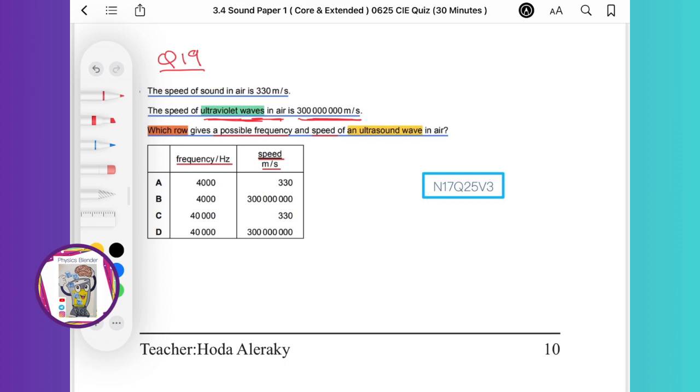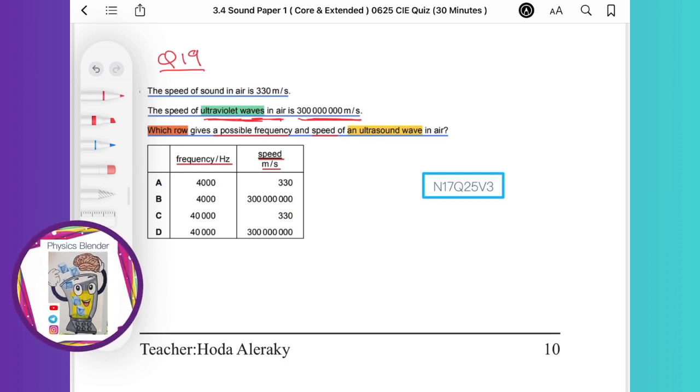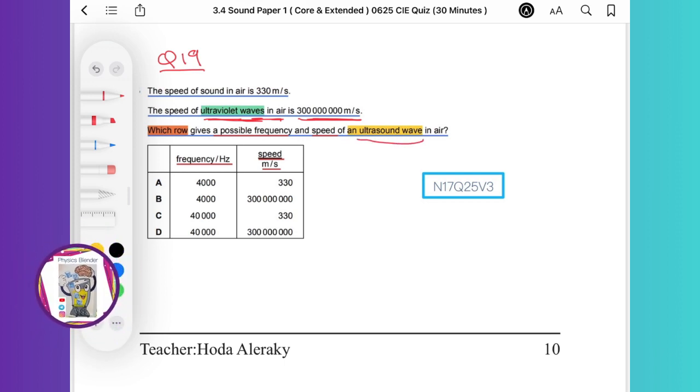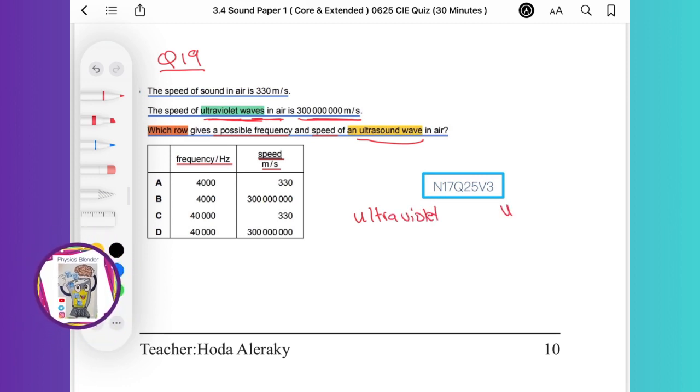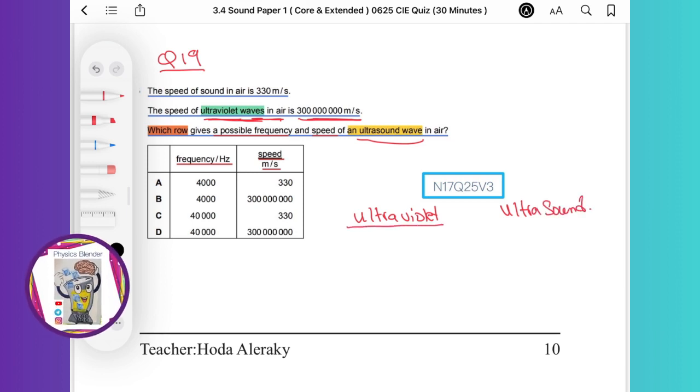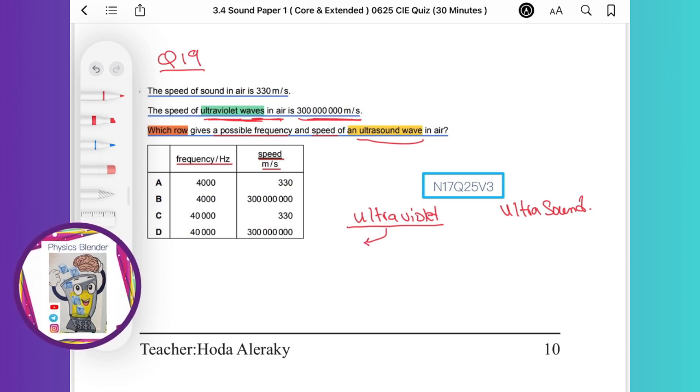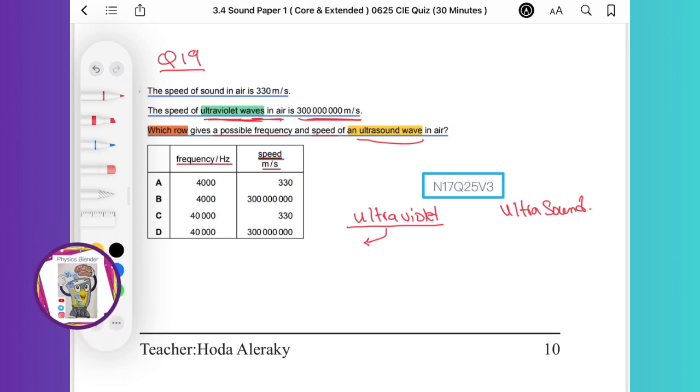Which row gives the frequency and speed of ultrasound? Okay, guys, let's revise the difference between ultraviolet and ultrasound. What's the difference?